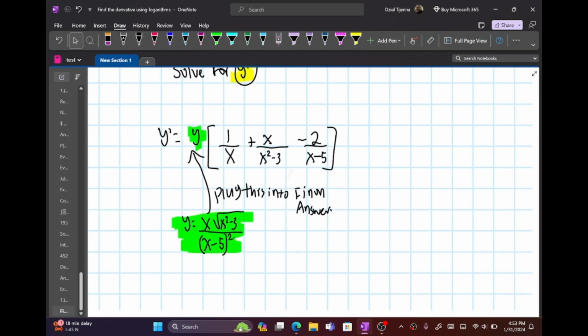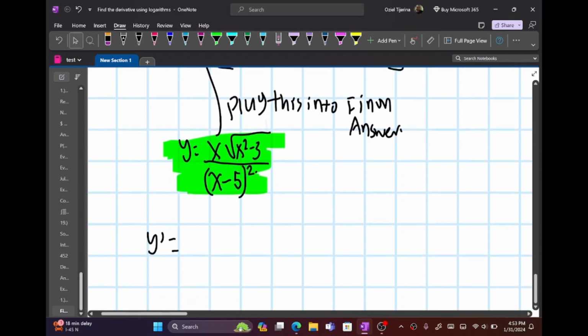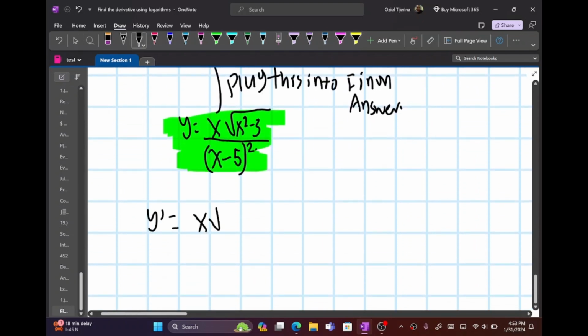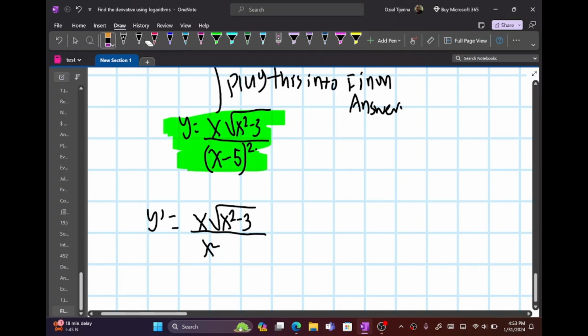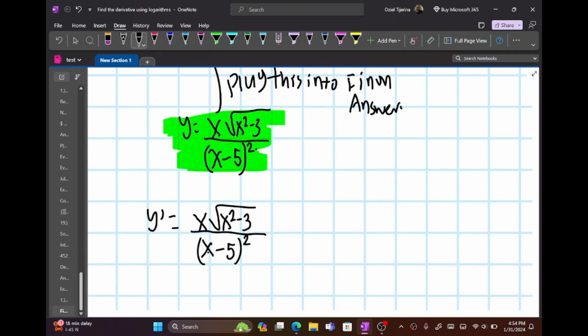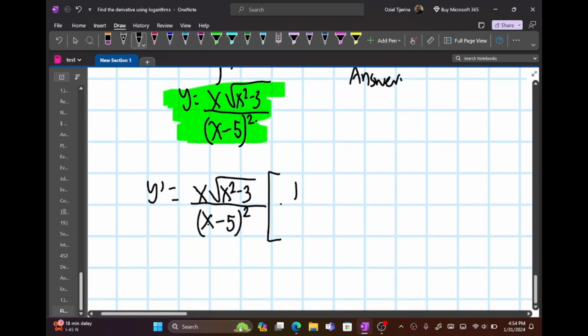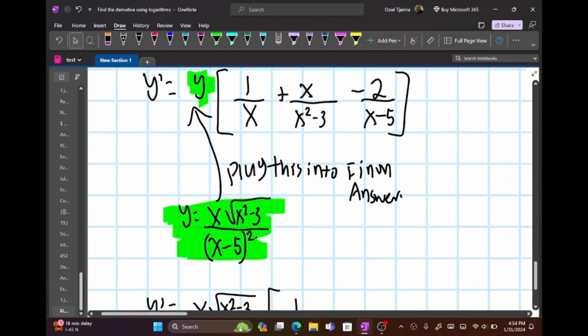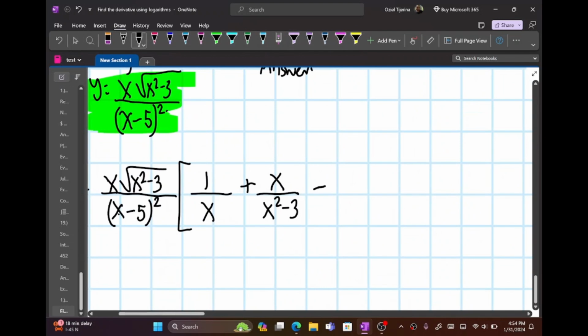Okay, so then finally we're going to have y prime is equal to x squared times the square root of x squared minus 3 over x minus 5 squared, and this is times the quantity 1 over x plus x over x squared minus 3, and then minus 2 over x minus 5.